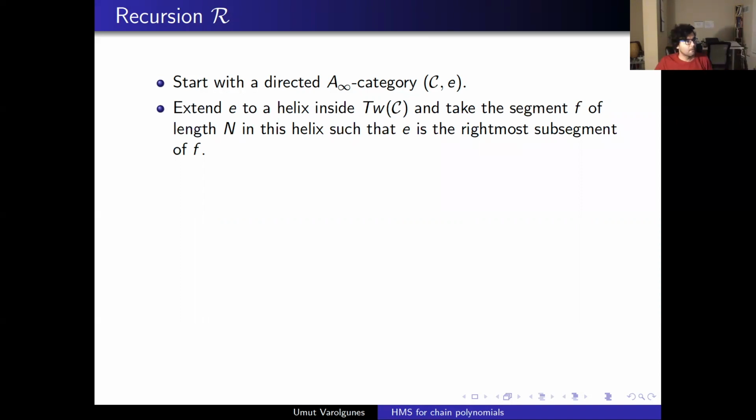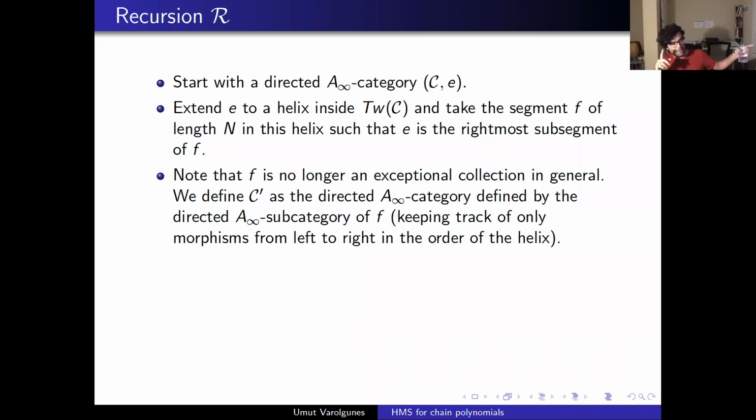This longer subcollection of the helix is not directed anymore, so there can be morphisms going in both directions. But we want to keep track of only the morphisms that go in the right direction. If there is a morphism that goes in the direction it wasn't supposed to go, looking at the exceptional collection, we remove it. So that defines a new directed A infinity category.